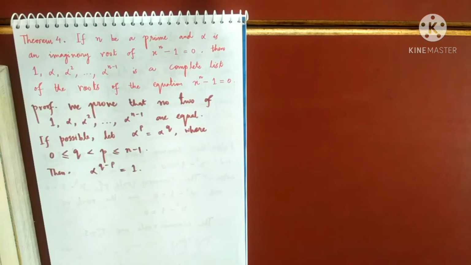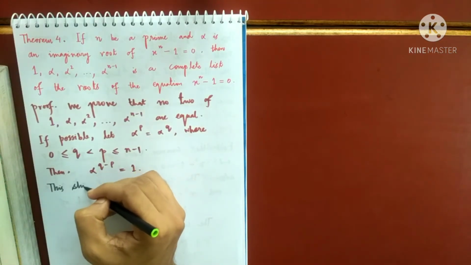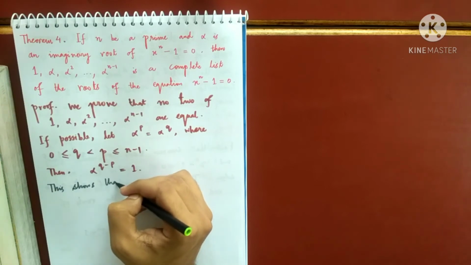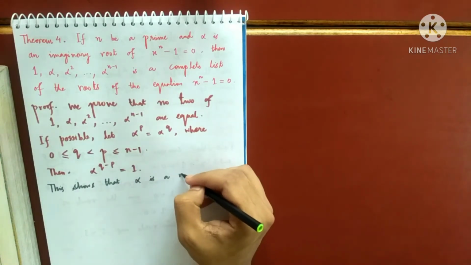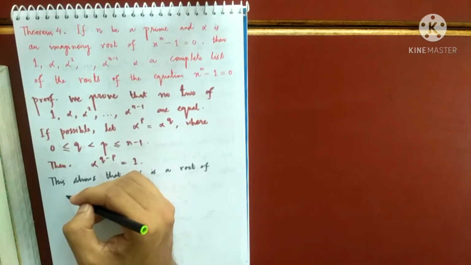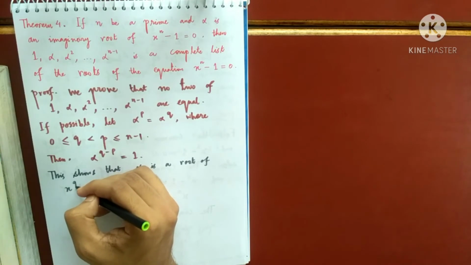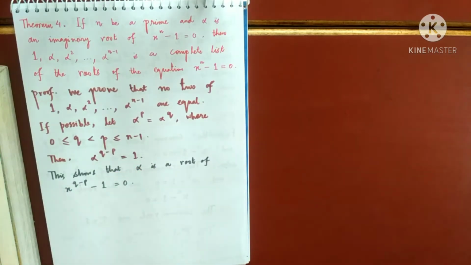Okay, alpha to the power q minus p equals 1. Now carefully understand my point. This shows that alpha is a root of x to the power q minus p minus 1 equals 0.